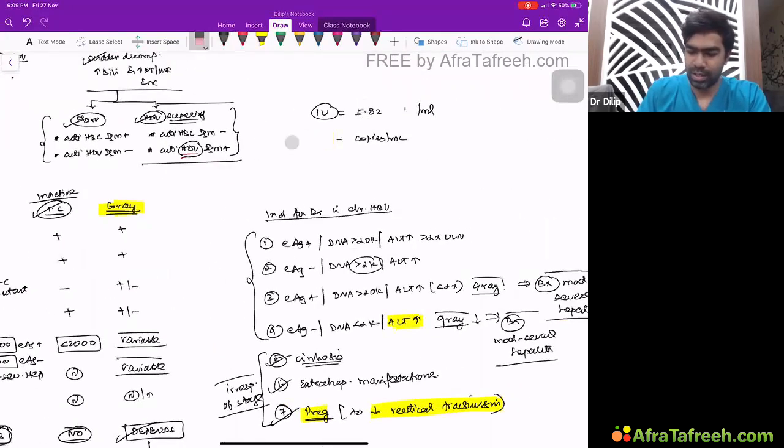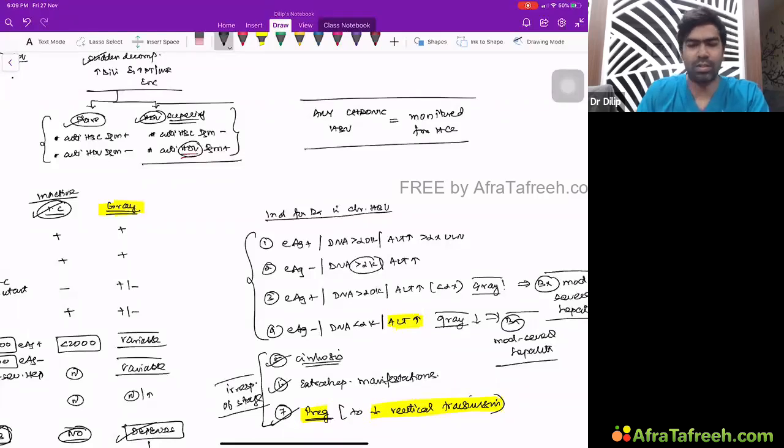I can write separately here, any chronic HBV patient, irrespective of the stage, should be monitored for hepatocellular cancer.